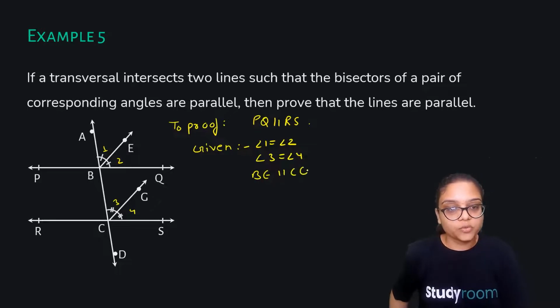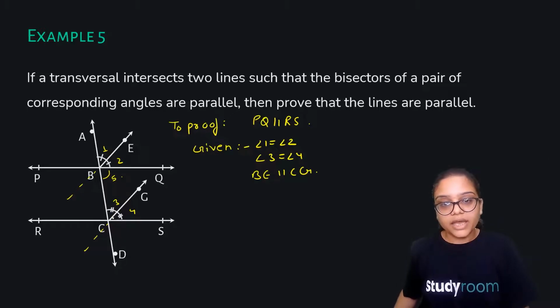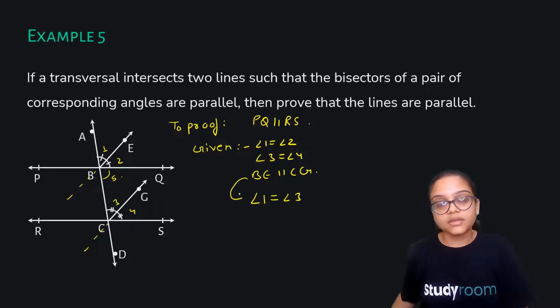Extend it some more. Suppose this line is parallel to this line; we name it 5. We know that if both lines are parallel, then angle 1 would be equal to angle 3, by corresponding angles.